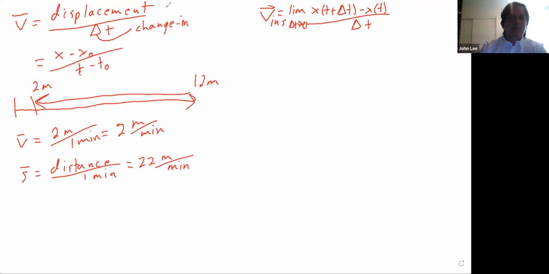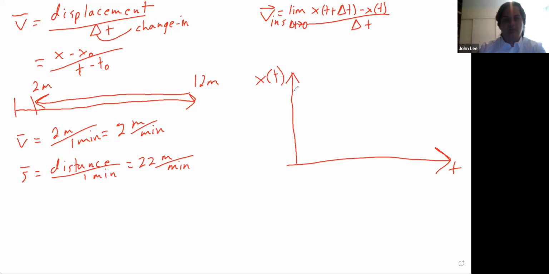So graphically, what this means is if we have displacement and time, and say it looks something like this, then the average displacement is going to give you some value here versus some value here.